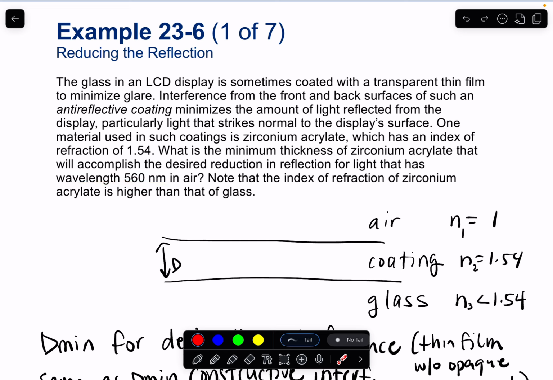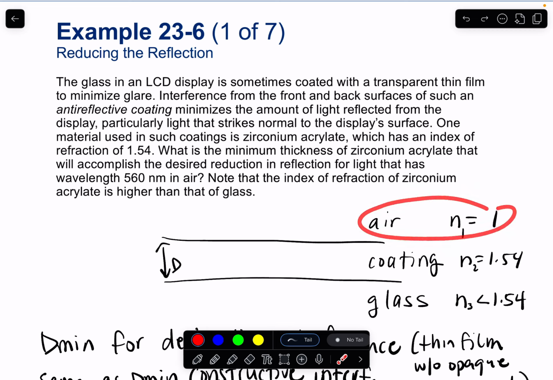And the index of refraction of zirconium acrylate is 1.54, and then we have air on top, and down below we have glass. And so it's not air and air, it's air and glass, but that's okay because the index of refraction of glass is smaller than the thin film.